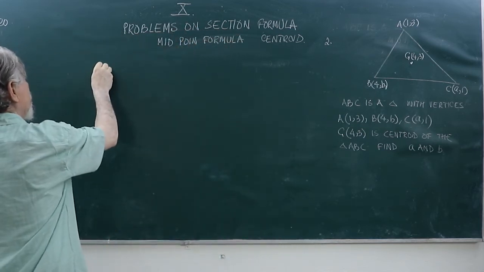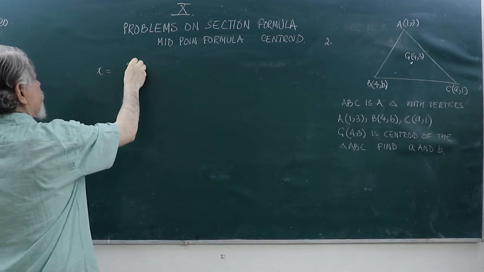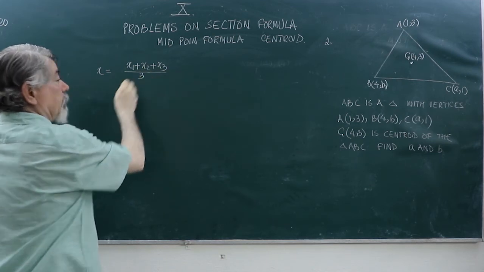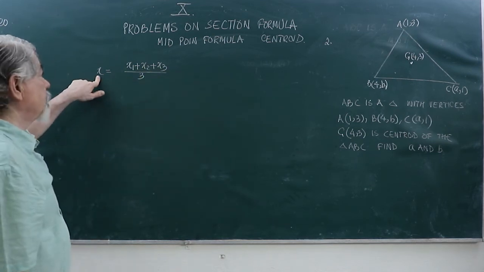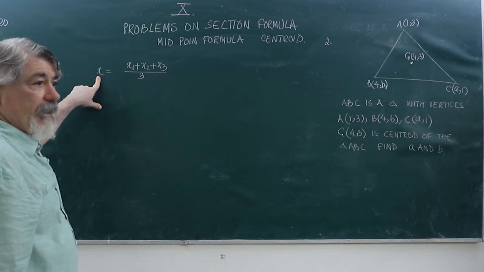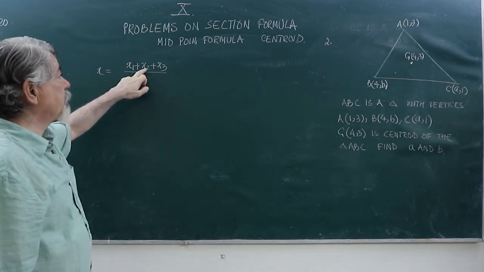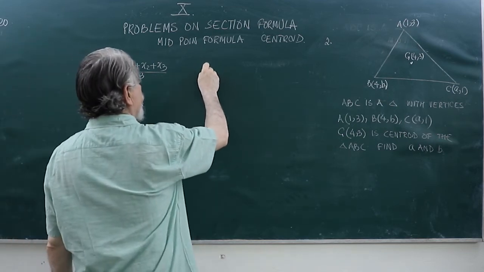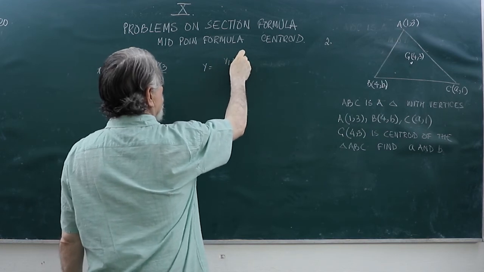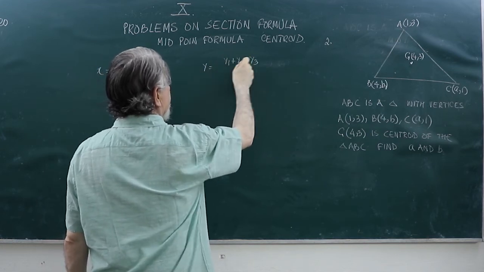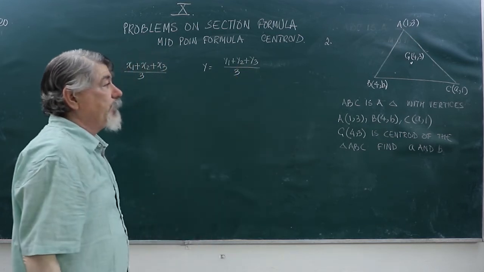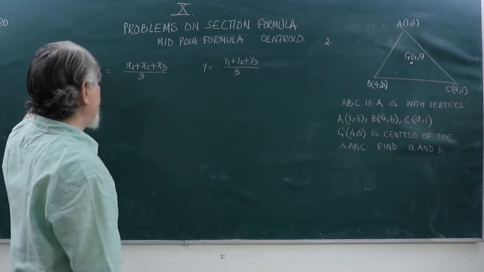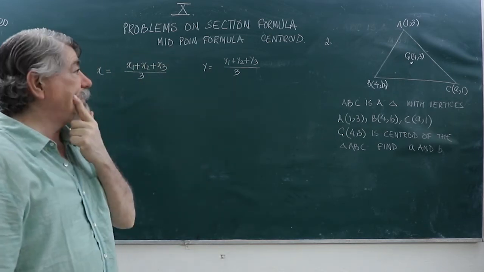If you remember, the formula for centroid was x equals x1 plus x2 plus x3 upon 3, where x was the x coordinate of the centroid, x1, x2, x3 were the x coordinates of A, B and C, and y was y1 plus y2 plus y3 upon 3, where y1, y2 and y3 are the y coordinates of A, B and C. So x and y become the coordinates of the centroid.